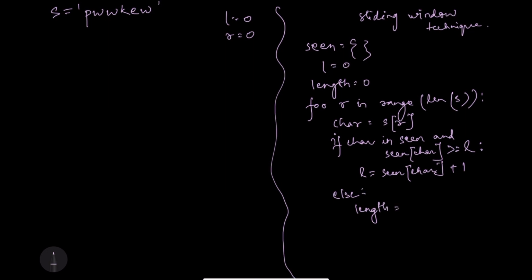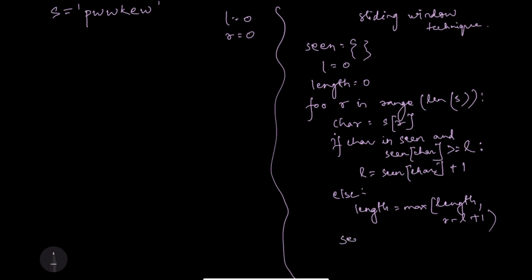So our length would be the maximum of length and right minus left plus 1. Like whatever index we would have traversed through, that would be right minus left plus 1.